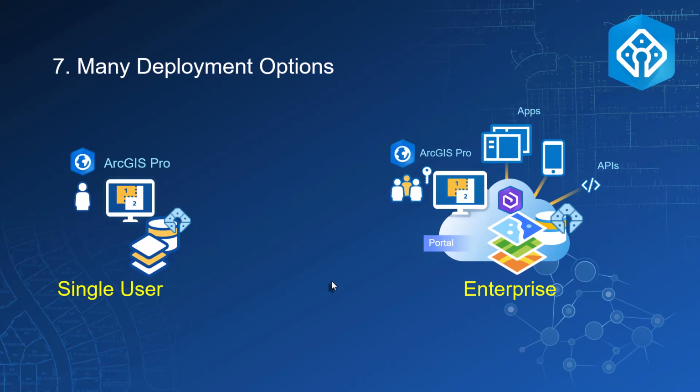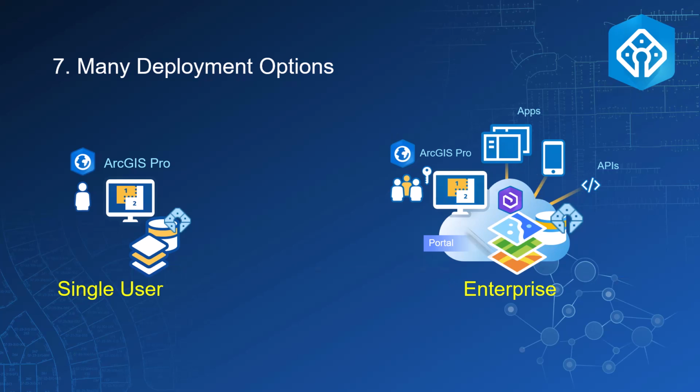To deploy the Parcel Fabric, you can just use a file, but if you have a big organization with many users, you probably want to manage their identity, know who does what, and allow them to edit simultaneously. Potentially, they cannot push their edits to the default version. That goes through the QA process, and if the QA finds it appropriate, then it can get pushed and become authoritative data. That's a difficult word to say.